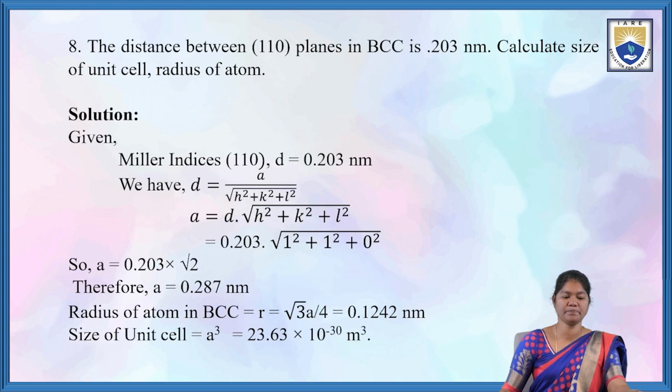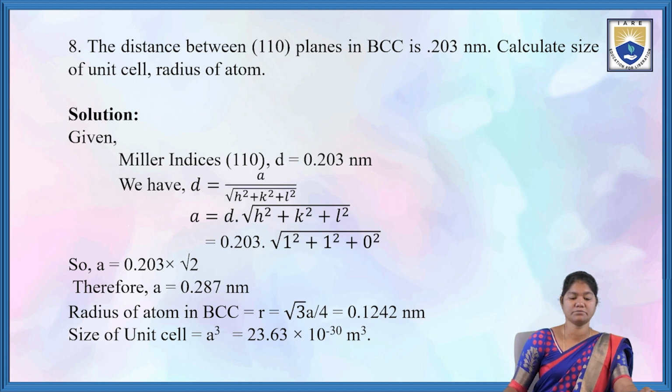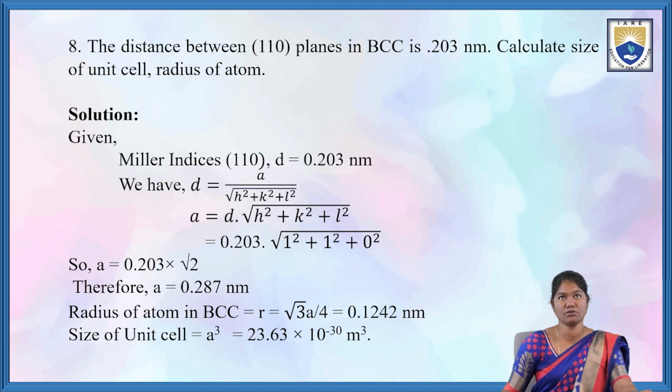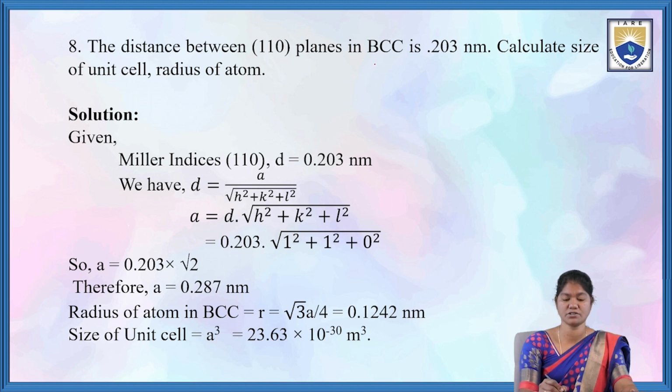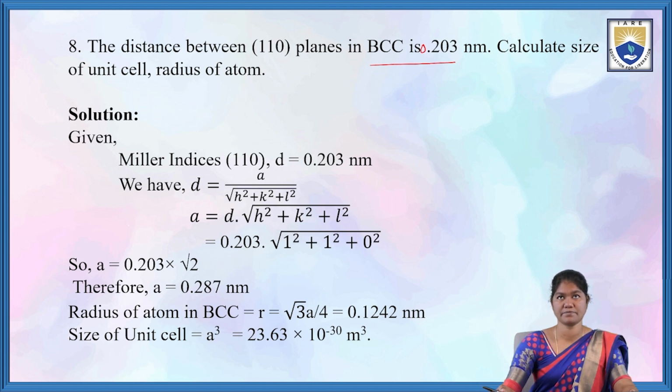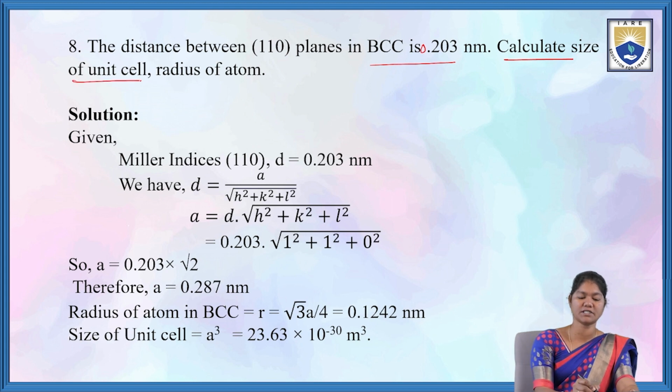The next problem: the distance between 110 planes in a body centered cubic structure is 0.203 nanometer. Calculate the size of the unit cell and the radius of the atom.